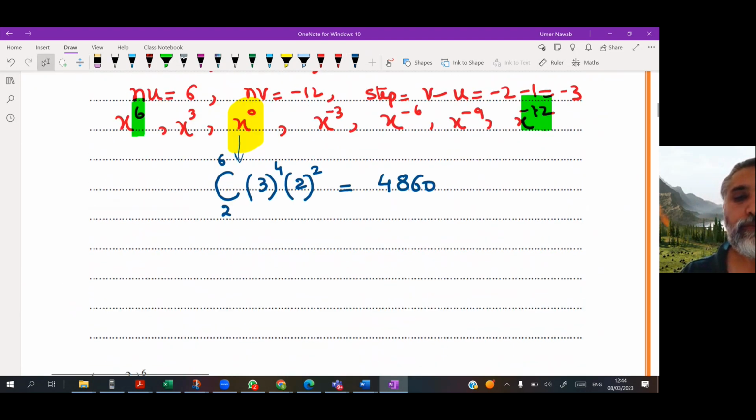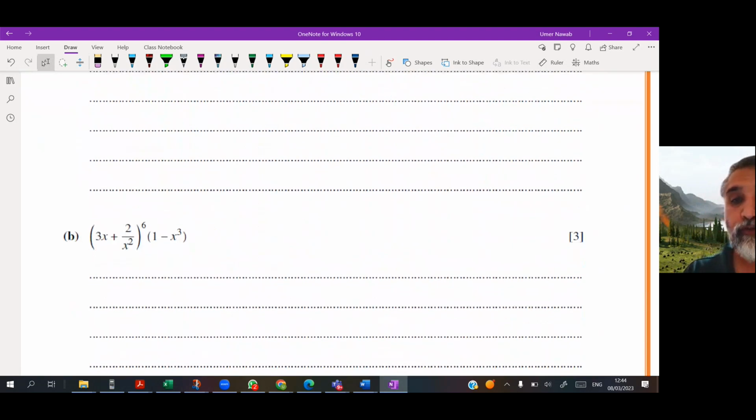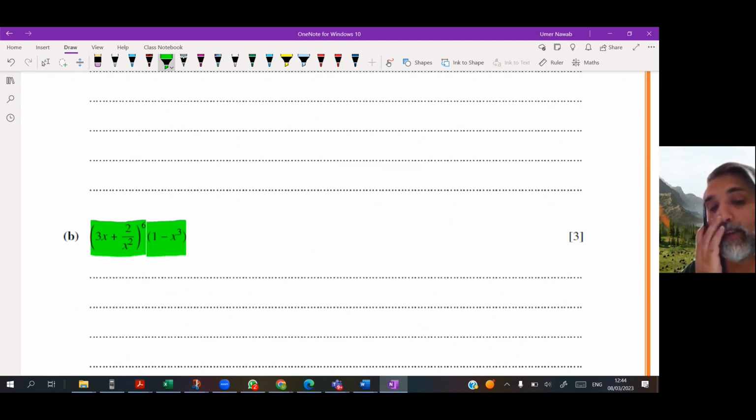Now, he wants you to find the independent term when both brackets are multiplying with each other.